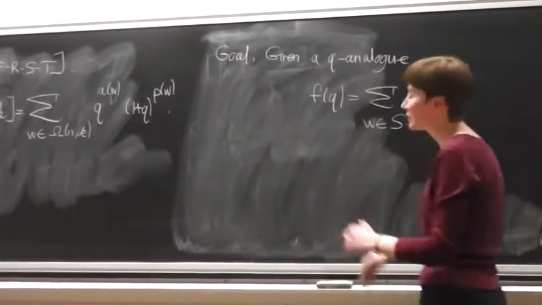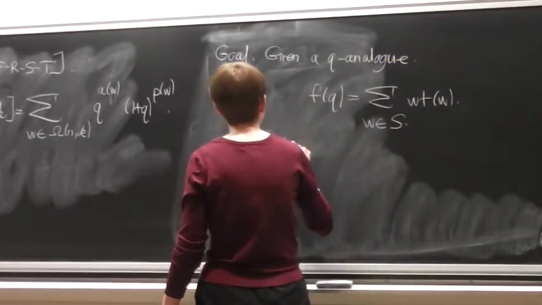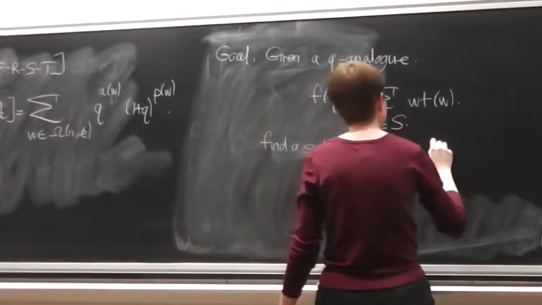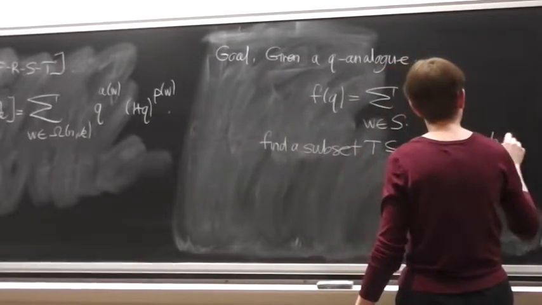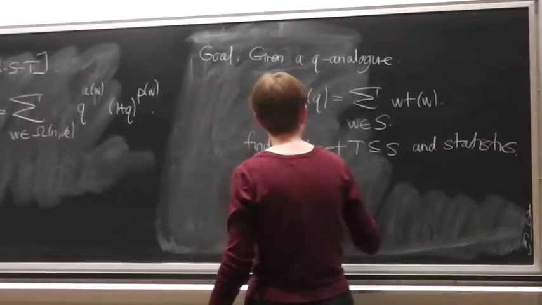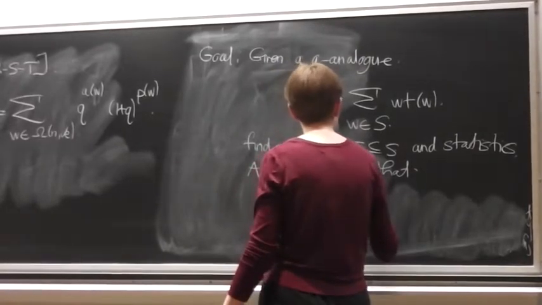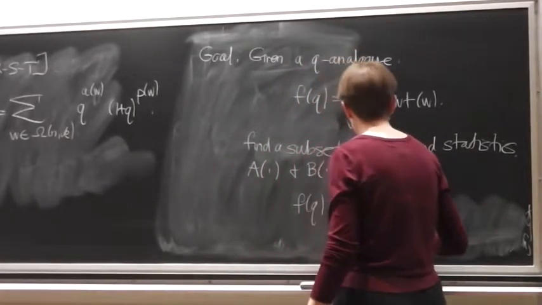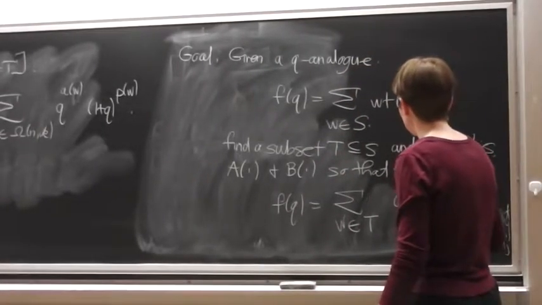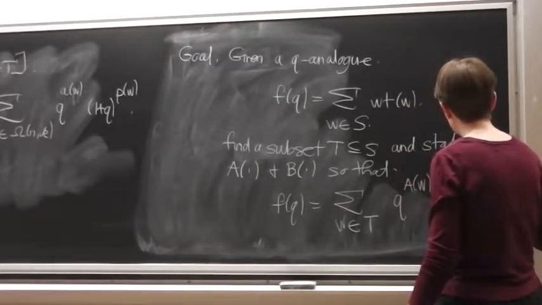So, suppose you're given a q-analogue, and then the question is, find a subset T of S and statistics A and B, so that the q-analogue can be written as a sum over the elements of this subset, whatever the objects, of q to the A statistic times 1 plus q to the B statistic.